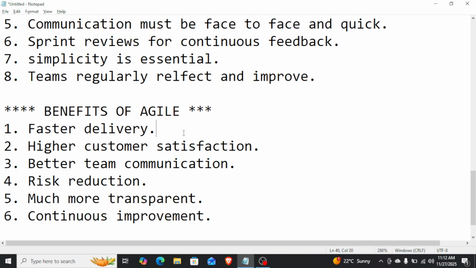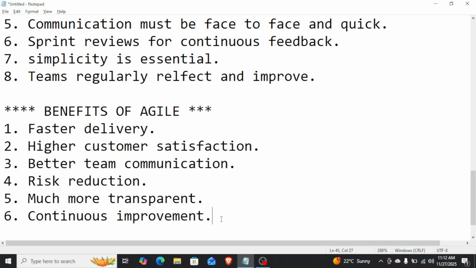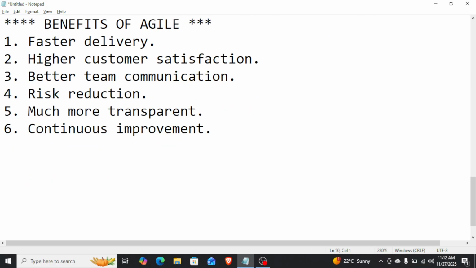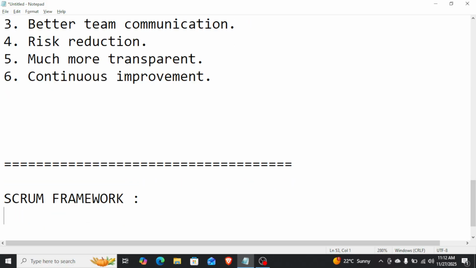Now we will see the Scrum framework. This is the heart of Agile.